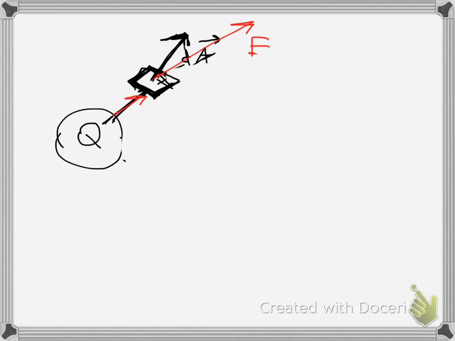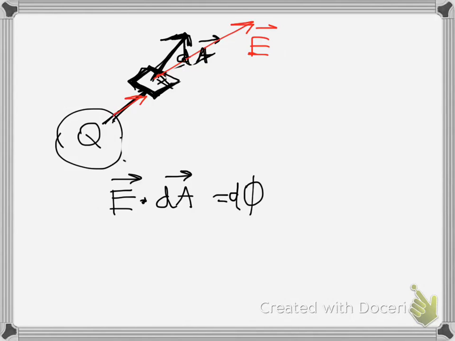Let's call it E. So that's also a vector because it has a magnitude at that point and a direction. And remember, this black vector is dA. And what the electric flux is through this little element is E dot dA. So the electric field vector dotted with the dA vector is equal to the electric flux. Let's call it d phi because it's the electric flux through this tiny little area element dA.